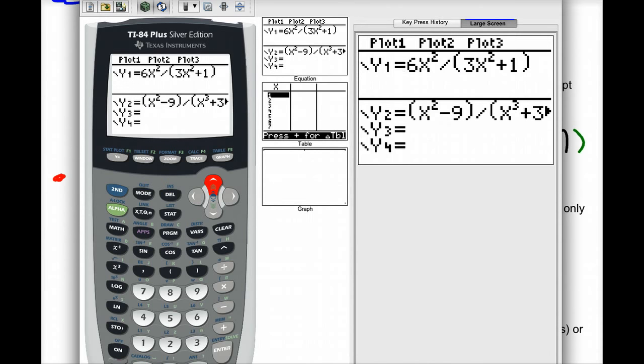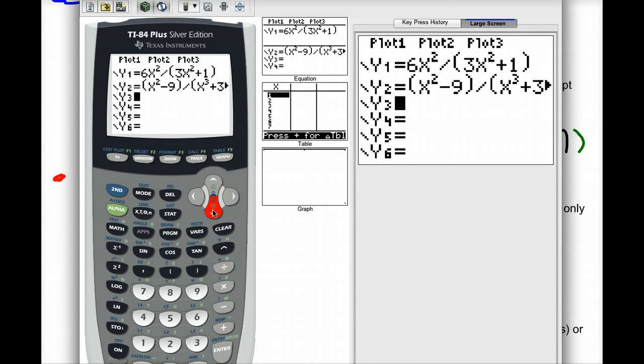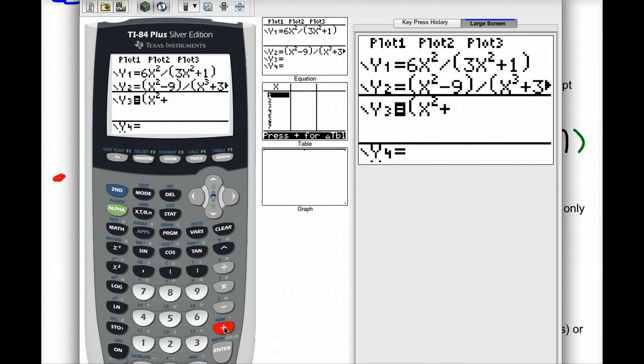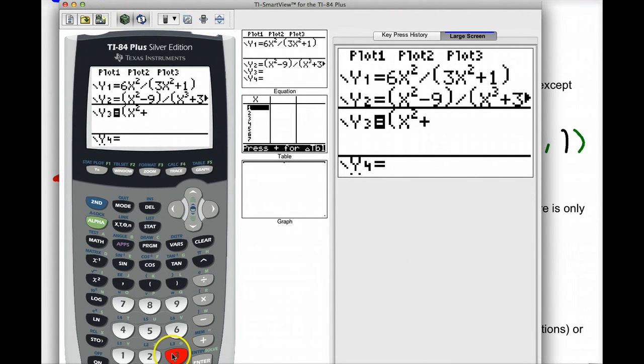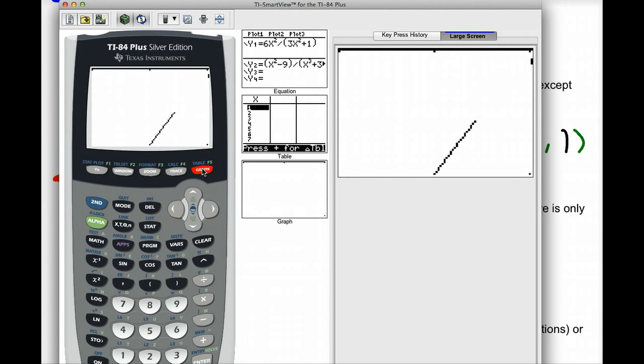I'm going to go to Y3 and type parenthesis x squared plus 3x plus 2 parenthesis divided by parenthesis x plus 1 parenthesis.